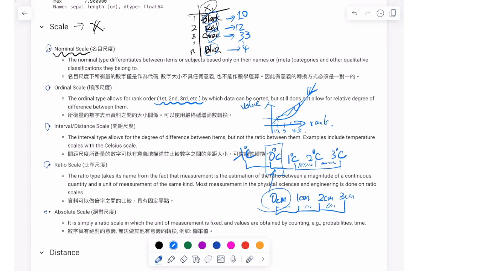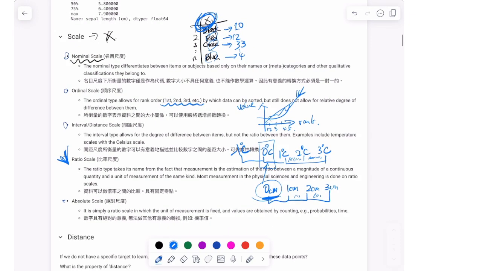Okay, so before you apply an algorithm, make sure you understand, for every feature, whether it belongs to nominal, ordinal, interval, ratio, or absolute. Because it would be better if you use ratio scale features, because it makes sense to perform add, subtract, multiply, and divide, because 0 means 0.